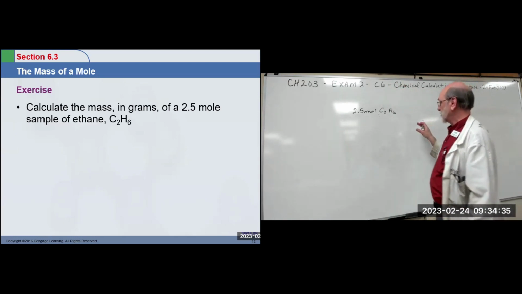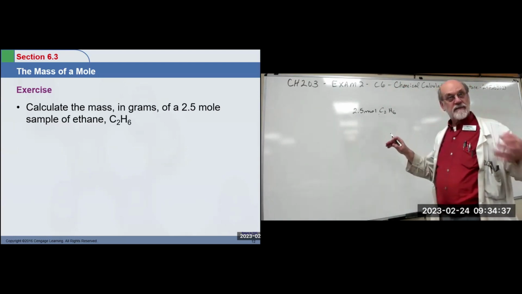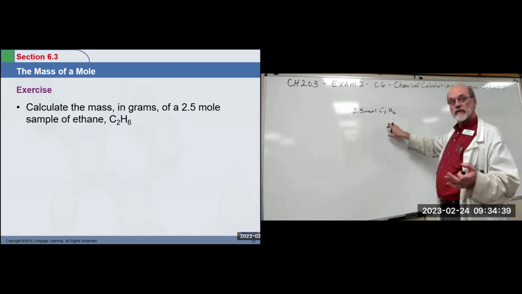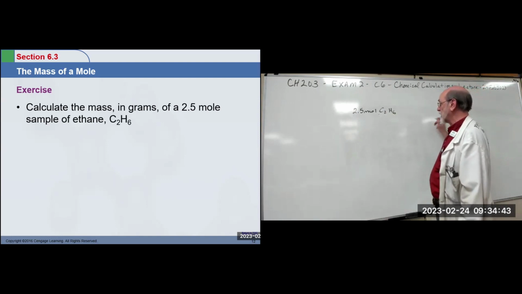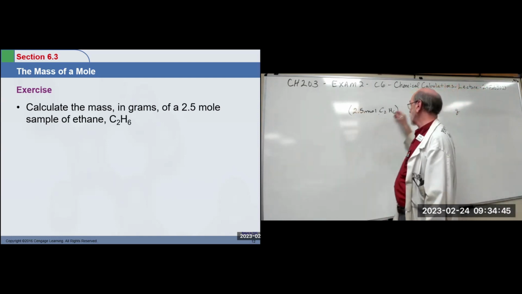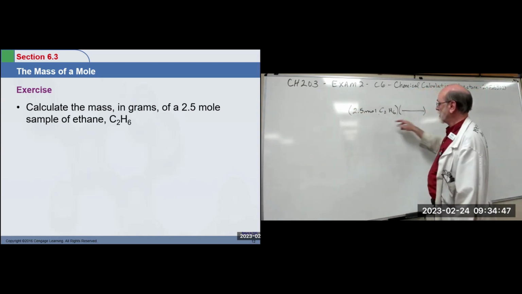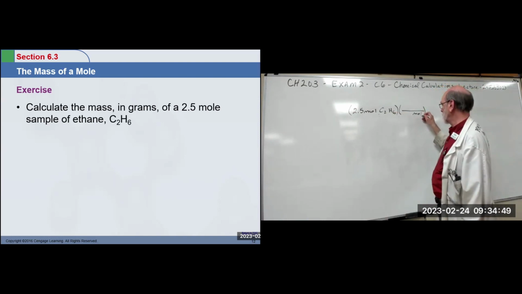So what do we need? Well, the question is, what's the mass of that many moles? Right. So here's where we're starting, there's where we're going. We need a conversion factor that will cancel moles and leave us with grams.